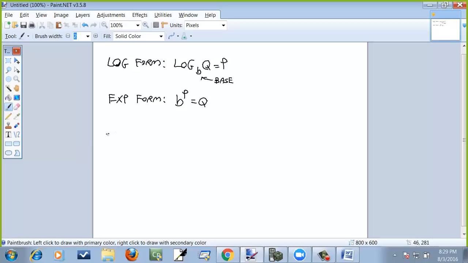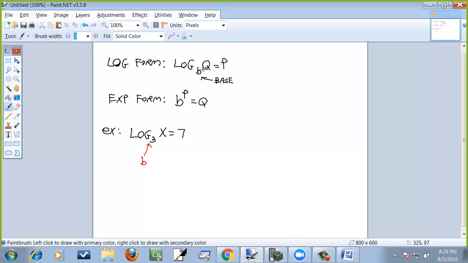Okay, so let's look at an example. I've got log base 3 of x is equal to 7. And the instructions say write it in exponential form. Well, you first have to identify all your different pieces. Again, the number that follows your log that's set down is your b, so the 3 is our b.